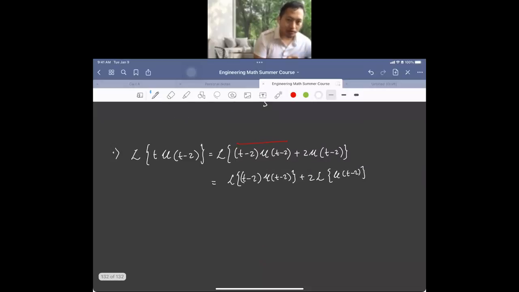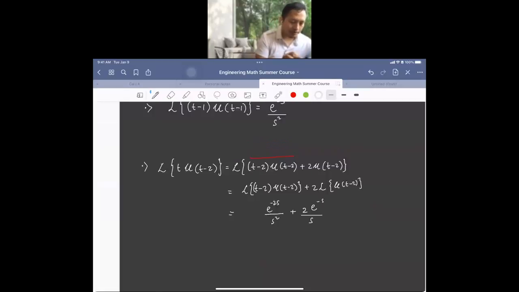So the first one we are having e to the negative 2s divided by s squared, right? Because it's just e, and then plus 2, this is e to the negative 2s over s, right? And this is actually our answer.